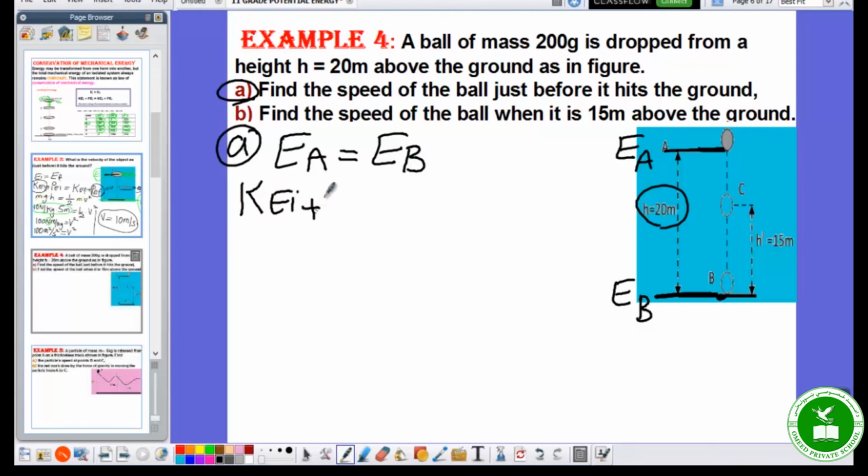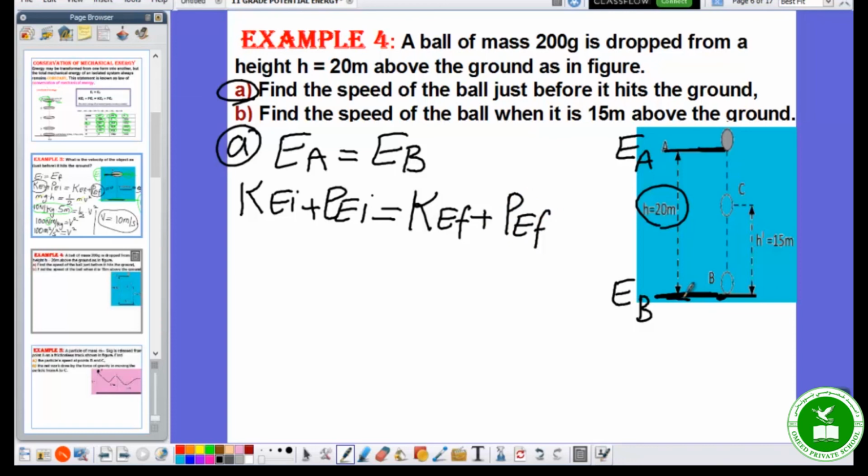Initial kinetic energy plus initial potential energy should be equal to final kinetic energy plus final potential energy. Final means at B. You can say potential energy at B also.